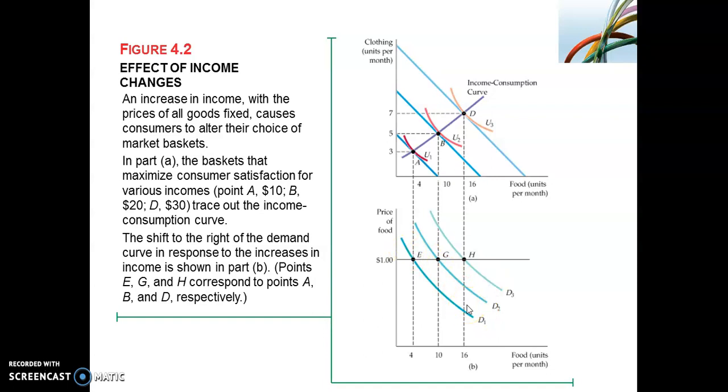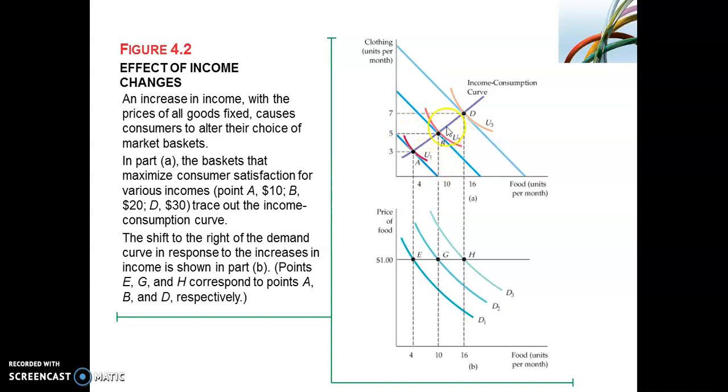Now, if consumers' income increased to $20 with the price of food and clothing constant, we see a parallel shift of the budget line outward. And the optimal consumption choice is now on U2, a higher indifference curve, at point B. Hence, the consumer can get more food, 10 units of food, and more clothing, 5 units of clothing.